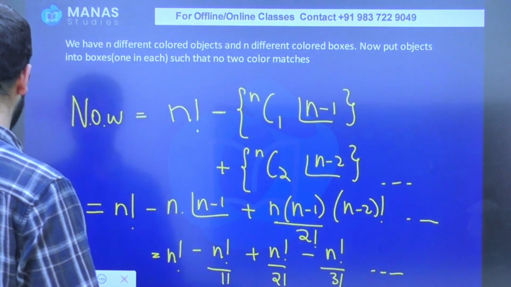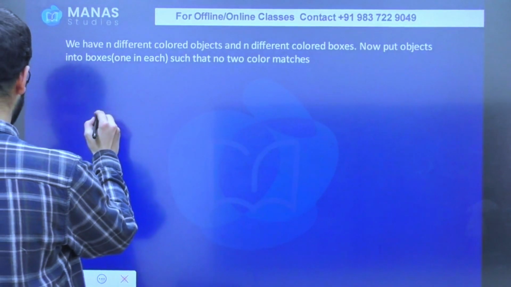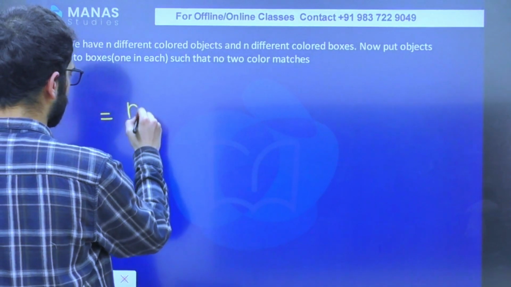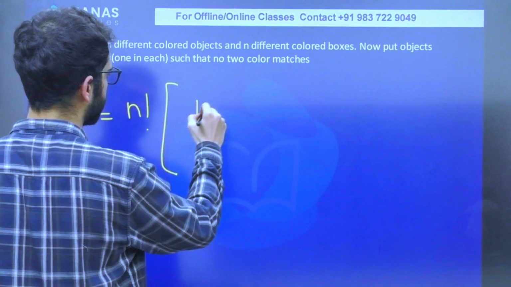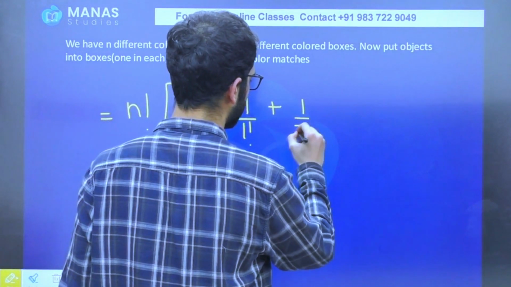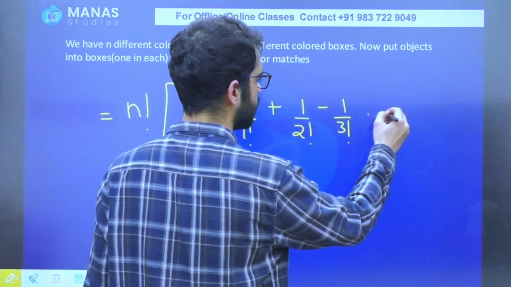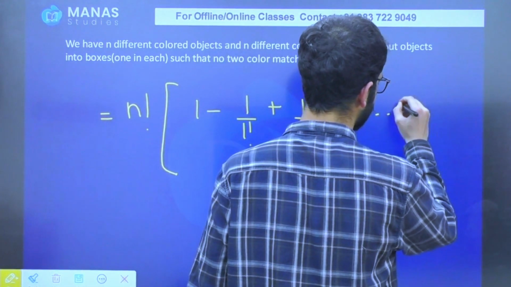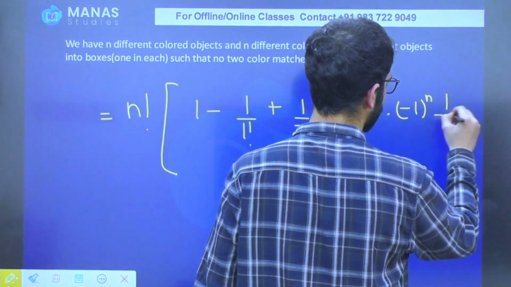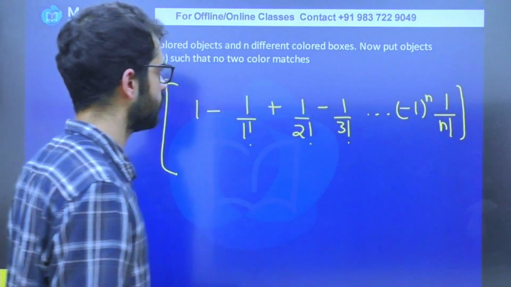So the answer will be n factorial taken common: 1 minus 1 upon 1 factorial plus 1 upon 2 factorial minus 1 upon 3 factorial and so on till minus 1 to the power of n, 1 upon n factorial. This is the final answer to this question.